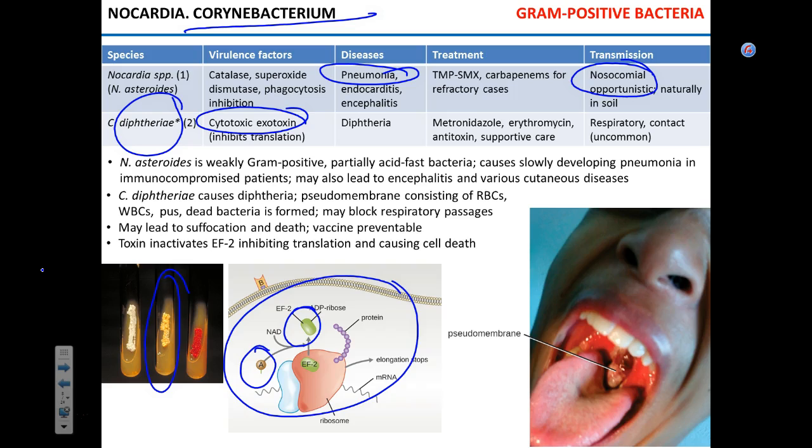CORYNEBACTERIUM diphtheria is the respiratory pathogen, and the main route of transmission is, of course, respiratory. It infects epithelial cells of upper respiratory tract, causing them to die. Death of epithelial cells leads to the local inflammation, and inflammation attracts which immune cells, first and foremost?